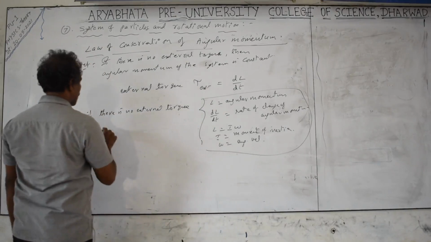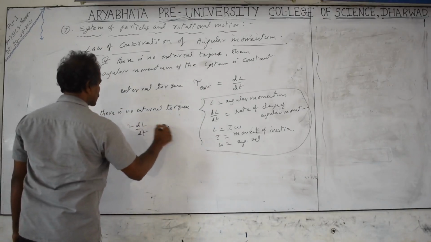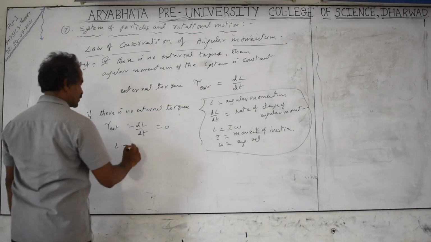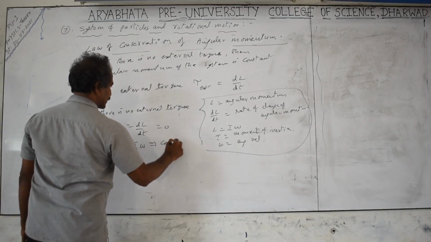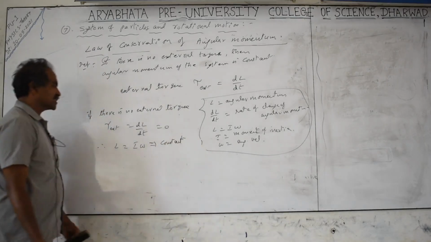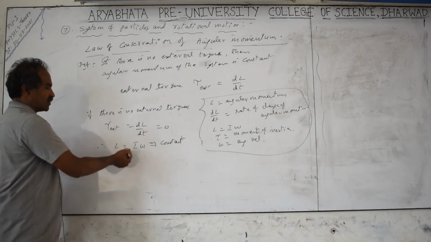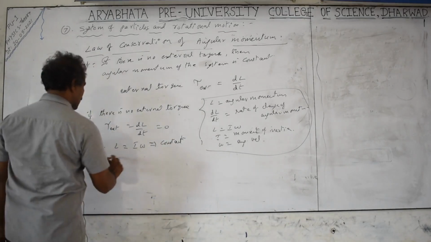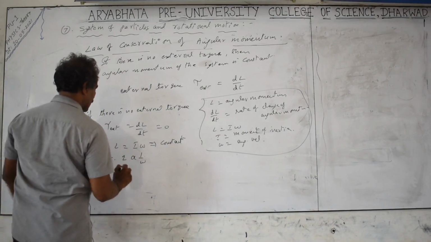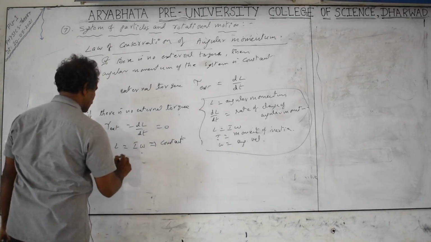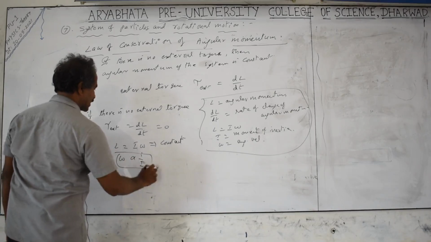Therefore L equal to I omega is constant. If the moment of inertia changes by any reason, omega changes. L is constant, therefore I is inversely proportional to omega, or omega is inversely proportional to I.